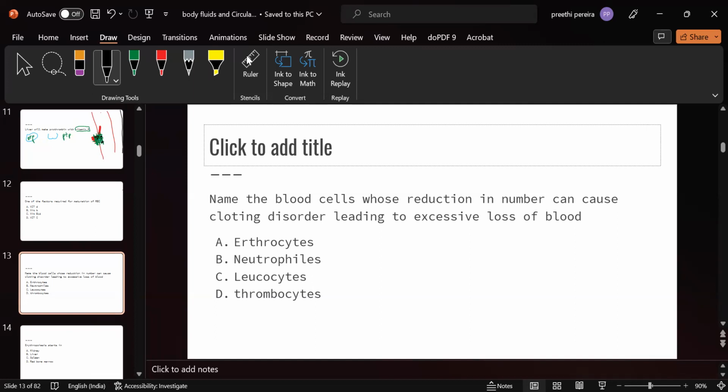So the answer should be what? Nobody's answering. What happened? Thrombocytes, platelets. This is the one which helps us in blood clotting. So thrombocytes is the answer.